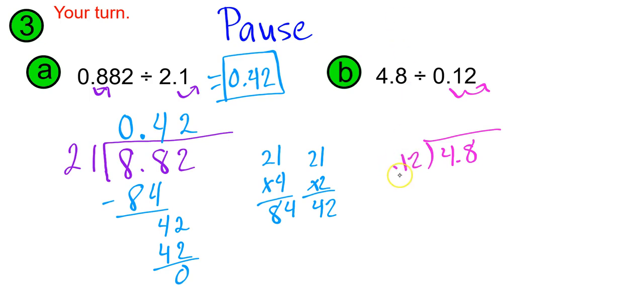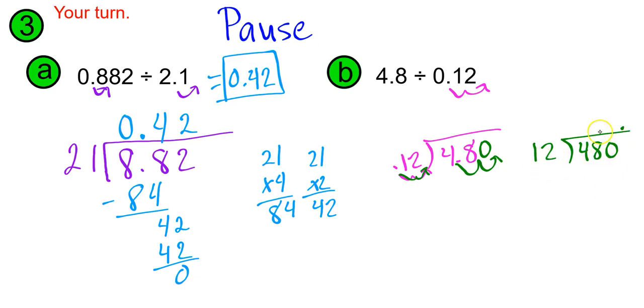When I scoot my decimal over twice, I need to add a 0 here because I'm going to go 1, 2. So it's going to be 12 goes into 480. So scoot over twice, and my decimal is invisible, but it's right there.